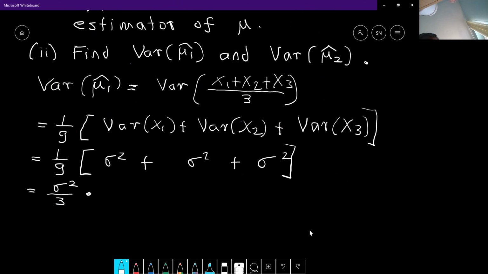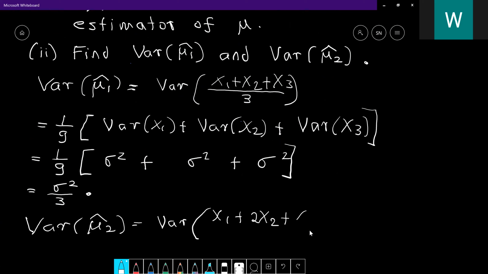Now let's find the variance of the second estimator, which is the variance of this.